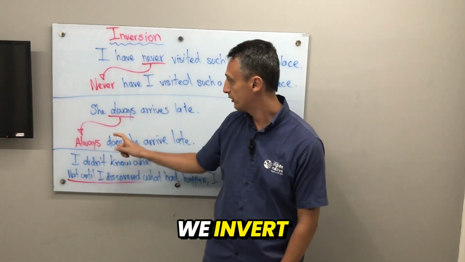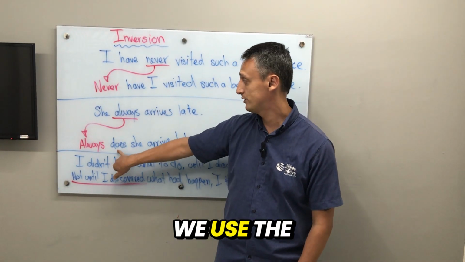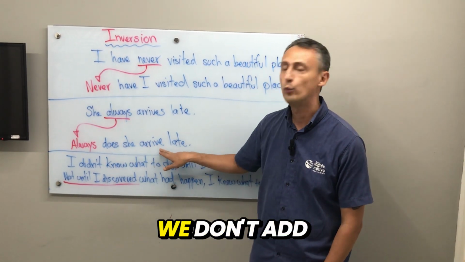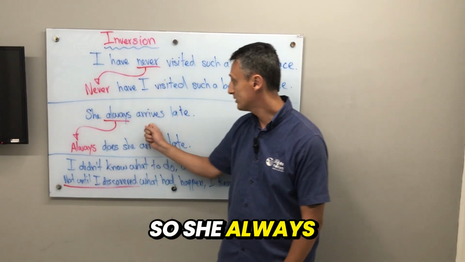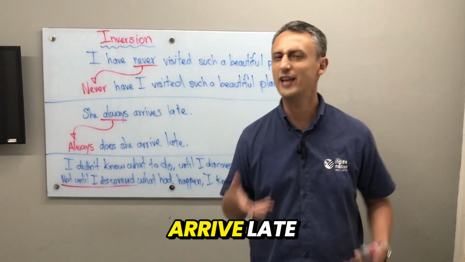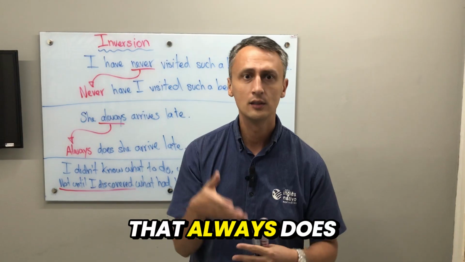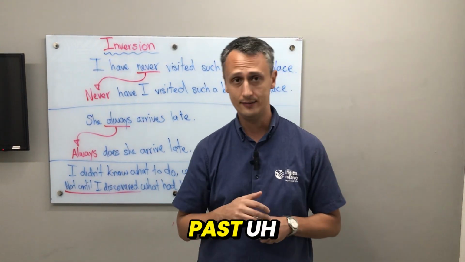But when we invert, we put the adverb before the sentence, we use the auxiliary verb, and as we have the auxiliary verb, we don't add s to the verb. So, she always arrives late becomes always does she arrive late. You realize how I give emphasis: always does she arrive late? Very good. The same way in simple past.